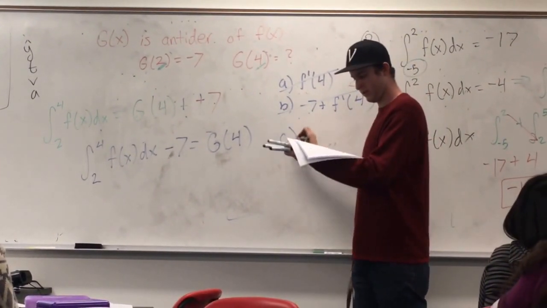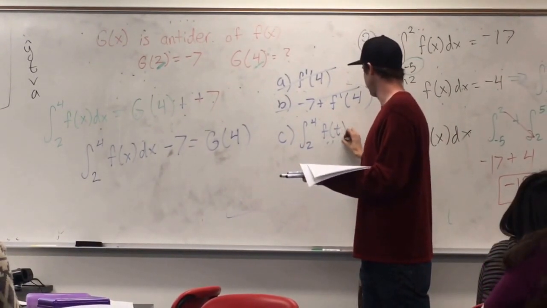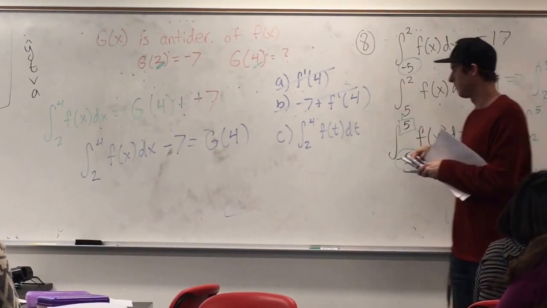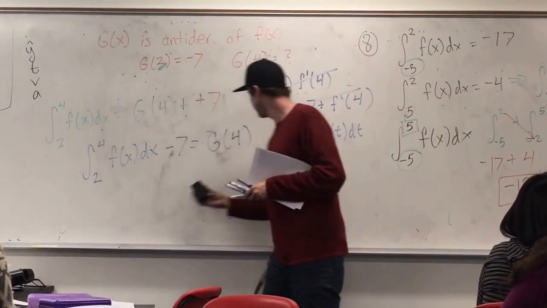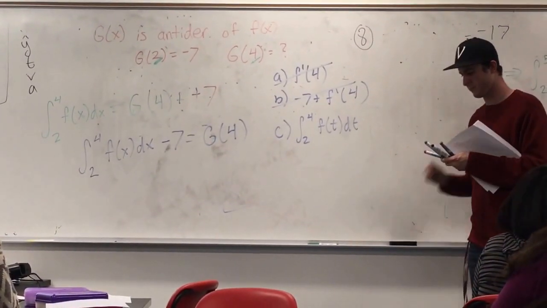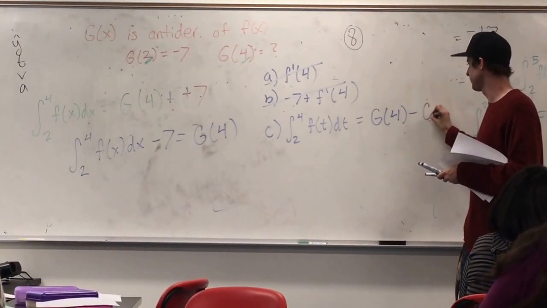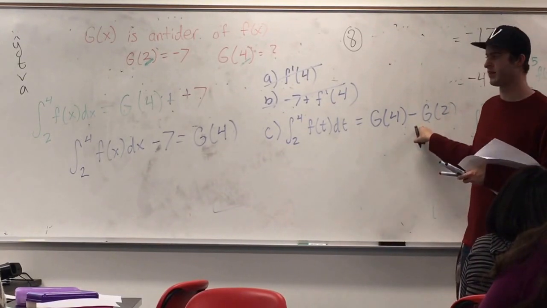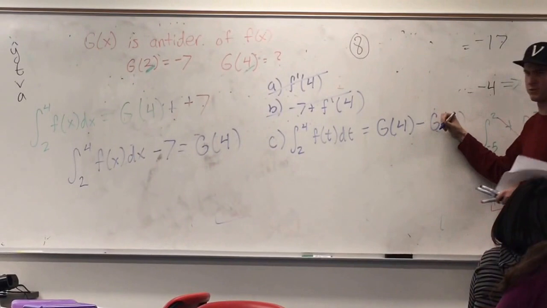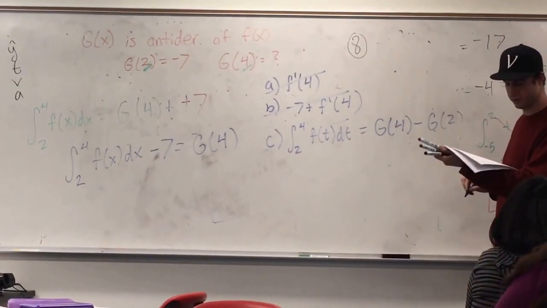C is the integral from 2 to 4 of f of t dt. Again, this is closer, but what this is equal to is g of 4 minus g of 2. So this isn't correct unless it had said g of 2 was 0. Then would it have been correct, if you subtract 0? So that one's not right because it's still minus g of 2.